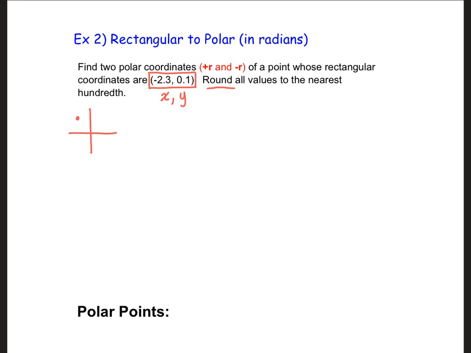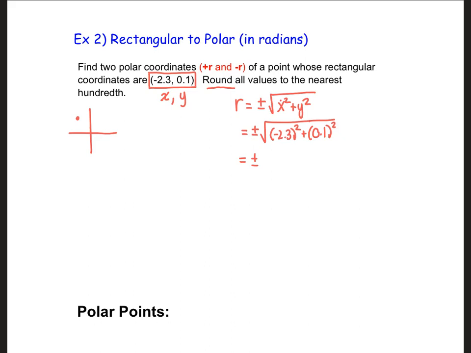So let's start with finding the radius. R equals plus minus the square root of x squared plus y squared. So plus minus the square root of -2.3 squared plus 0.1 squared. And again, I can use my calculator to evaluate this. So if we pull that over, clear this old stuff.